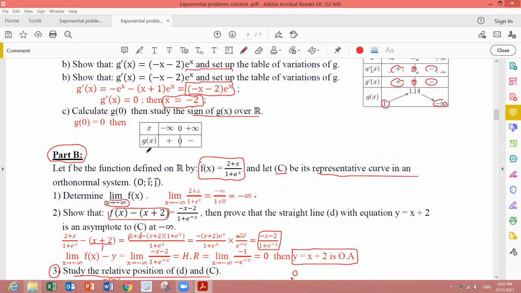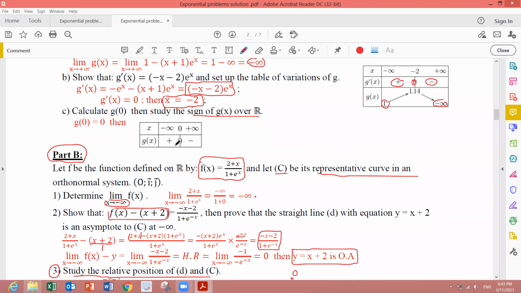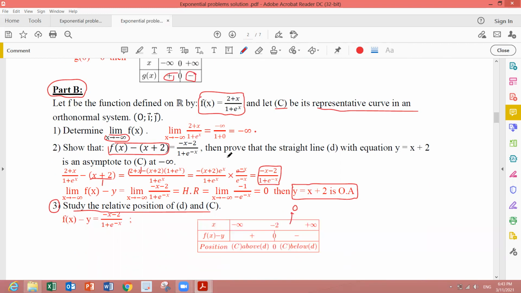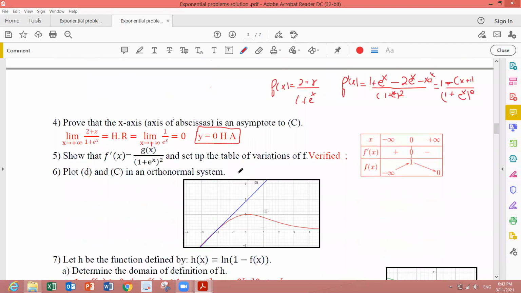The sign of g is determined here. Before 0 it is positive, and after 0 it is negative.